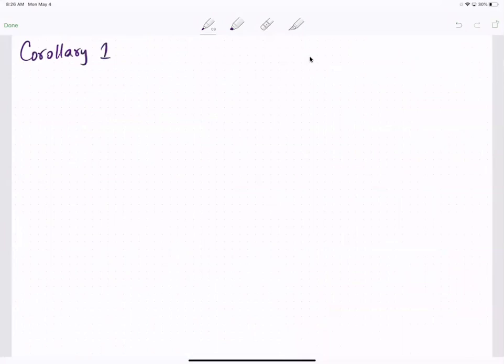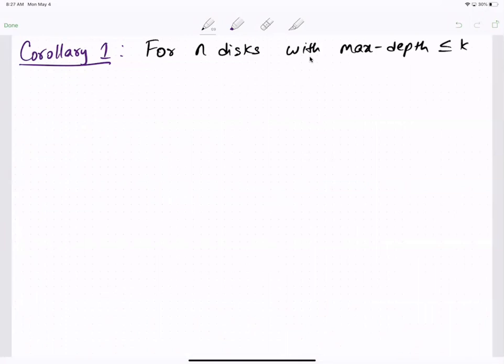Corollary 1: for n disks with max depth k. I hope everyone remembers what max depth is. It will be that point in the plane which is being covered by the maximum number of disks, which is at most k in this case.